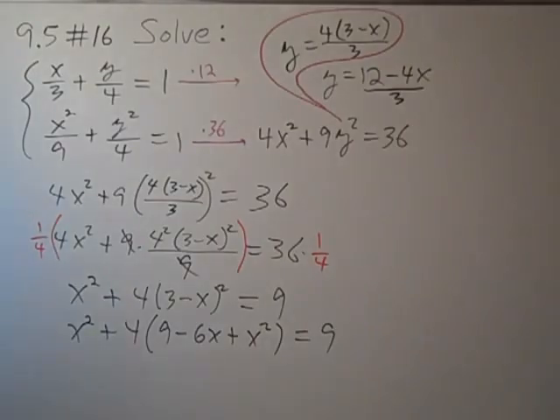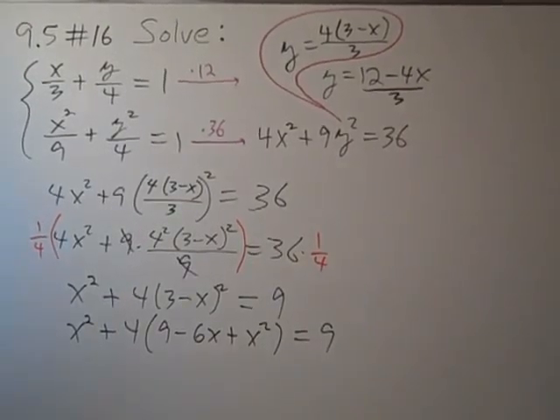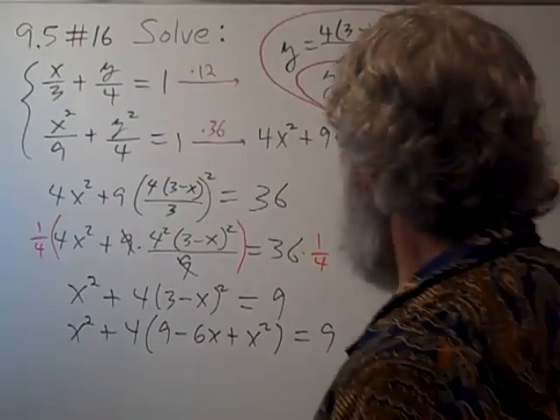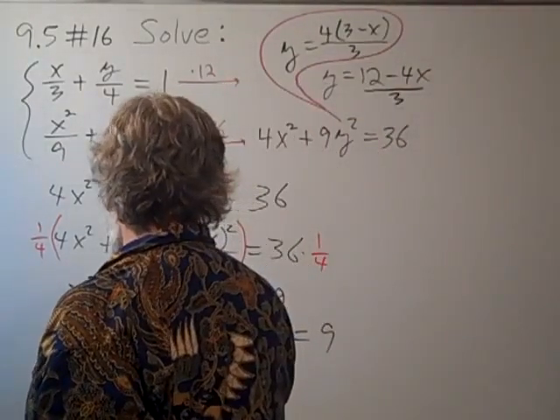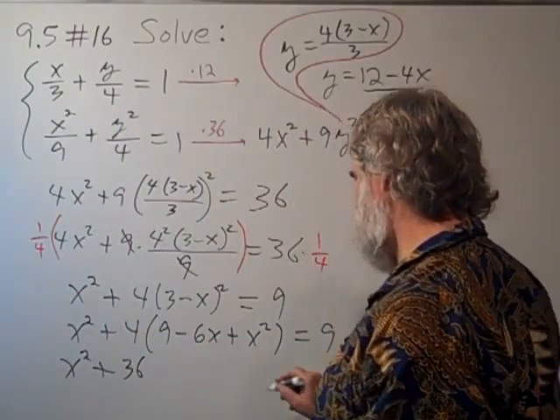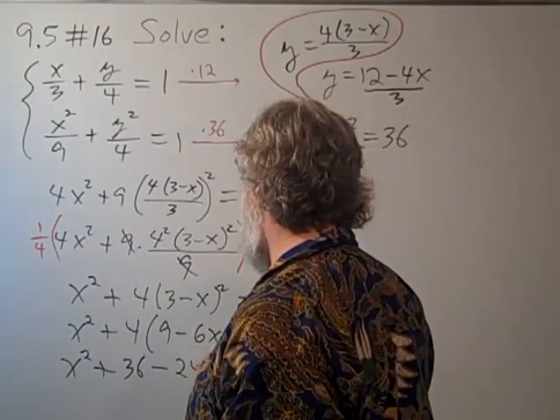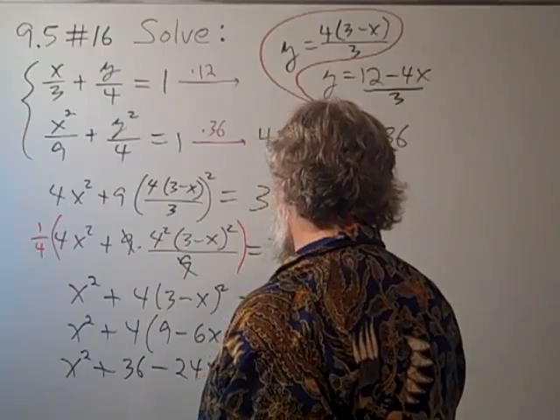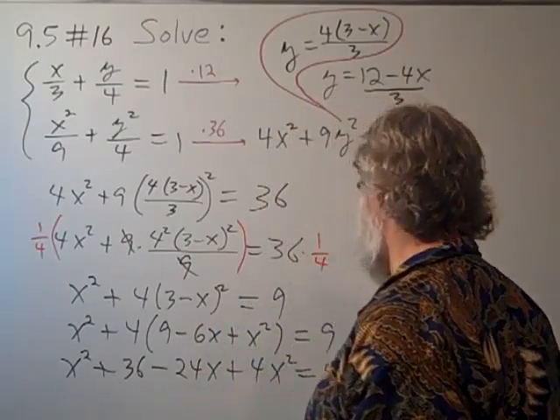Distributing the 4 through the parentheses, we now get x squared plus 36, since 9 times 4 is 36, minus 24x, since 6 times 4 is 24, plus 4x squared equals 9.